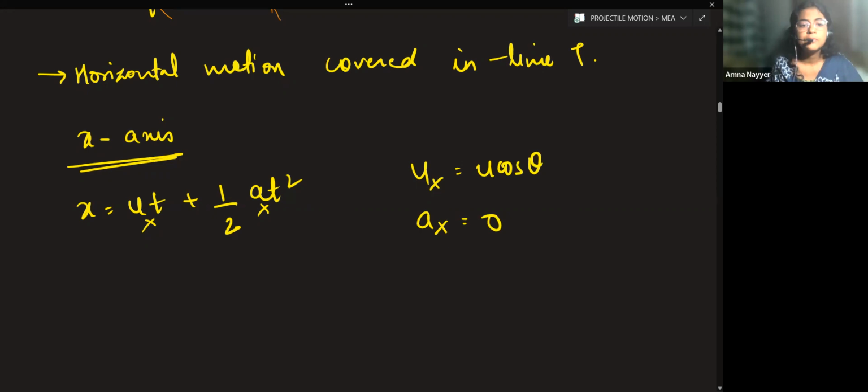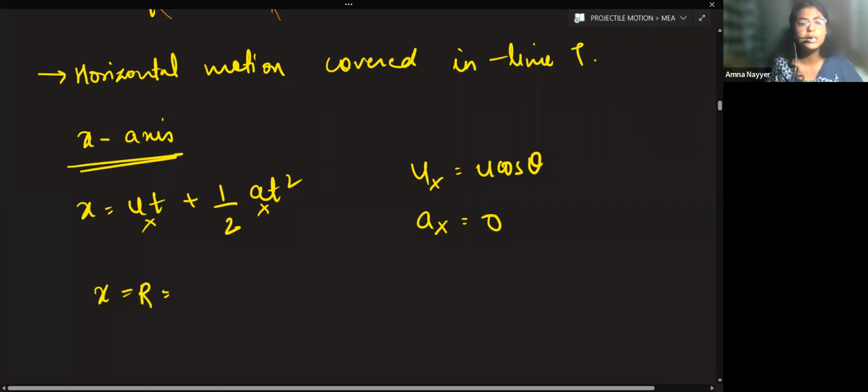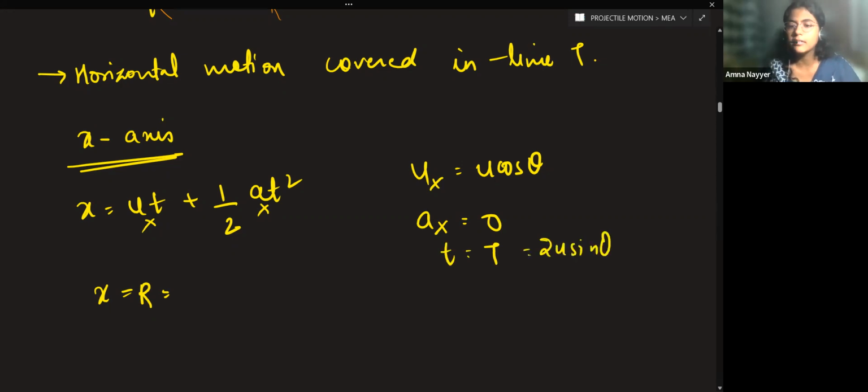From here, x, which is the range of motion, is equal to what? x is u, and see, time will be the time of flight, which is equal to 2u sine theta divided by g. Let's put everything in this equation.